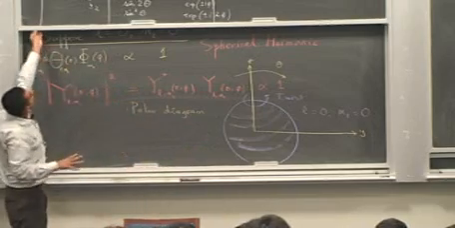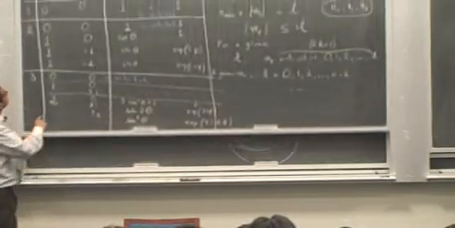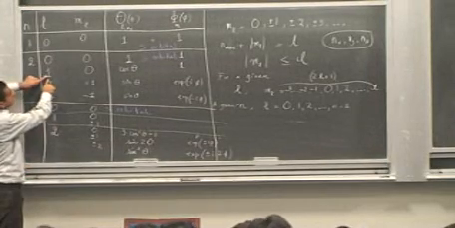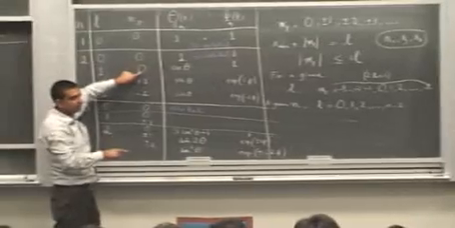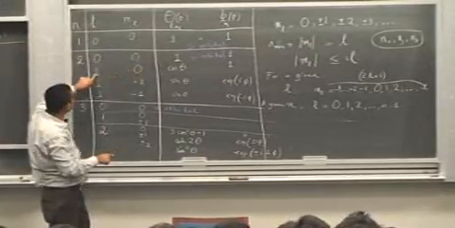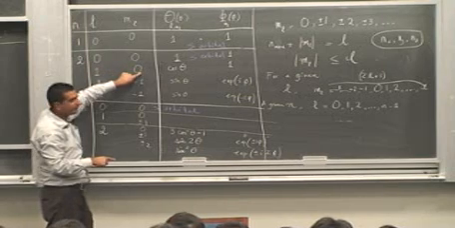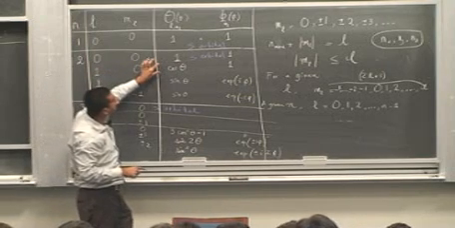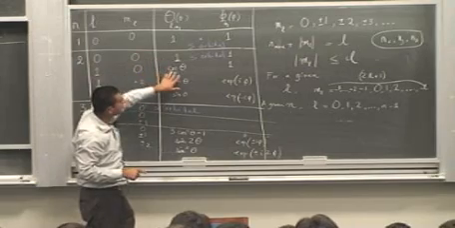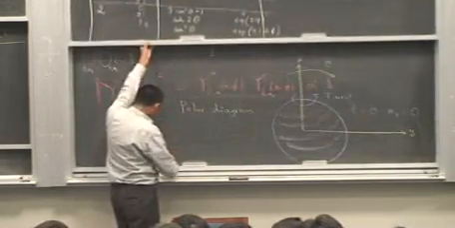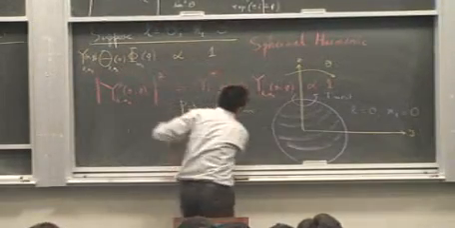Now let's move on to our next candidate on the level of complication. This is higher, that is L equals 1 and ML equals 0. And let's draw a polar diagram for this particular state, L equals 1 and ML equals 0. And the angular part of its wave function will be proportional to cosine theta. Let's plot this on our polar diagram.